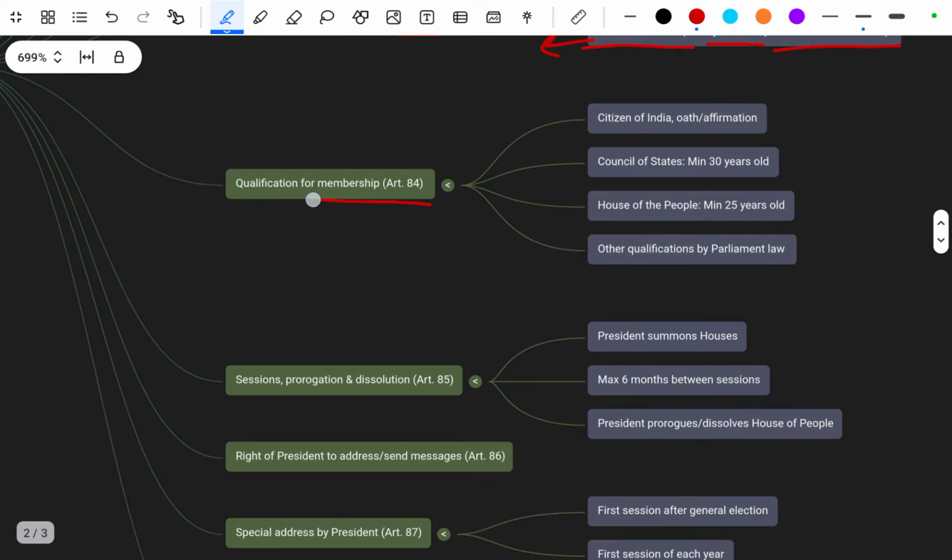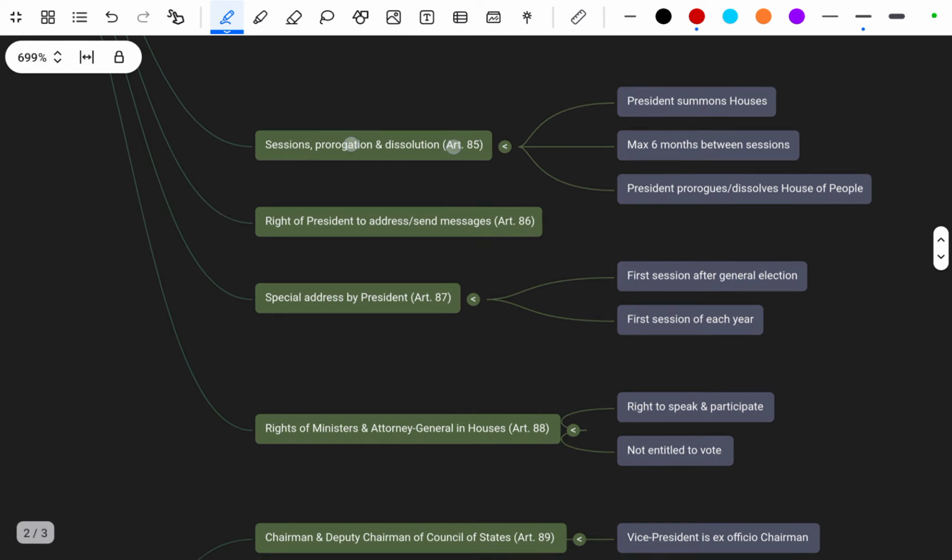Next is the qualification of the members, Article 84. So the qualifications of members are mentioned under Article 84, that is citizen of India, oath and affirmation. Okay. Council of State minimum age is 30, House of People minimum age is 25, and other qualifications by parliamentary laws, like he is not holding any office of profit.